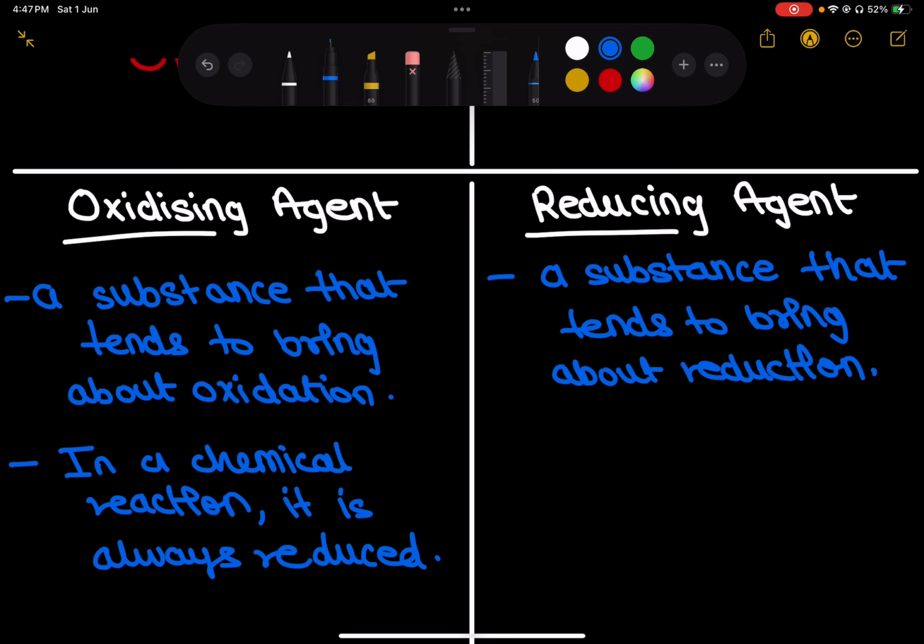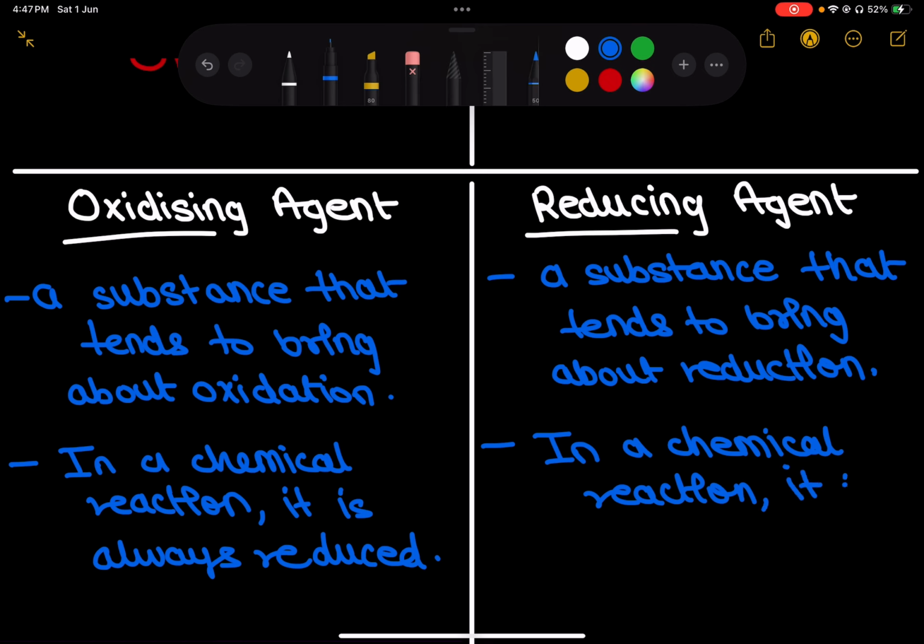You will understand through the examples. Still, this theory part is also important. Here, in a chemical reaction, the reducing agent is always oxidized. So the agent itself gets oxidized, but it reduces others. The oxidizing agent always gets reduced, but it oxidizes others. Simple. Very, very simple. Okay?